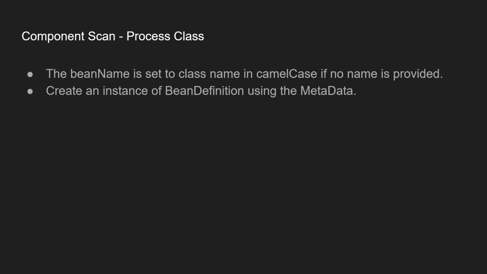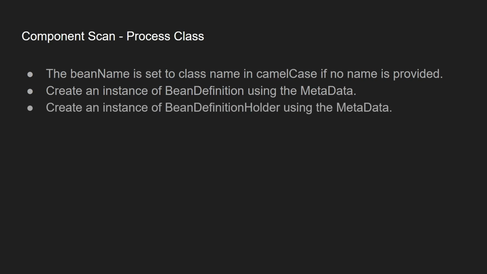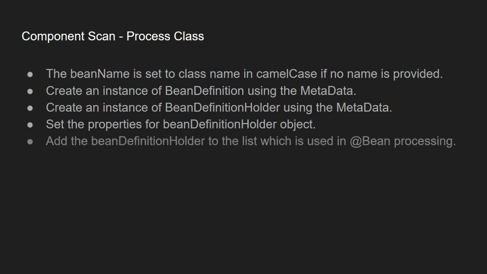Once the bean definition object is created, an instance of bean definition holder is also created using the metadata information itself, and the properties for this bean definition holder object are set like the bean name, aliases, and the bean definition. Once the bean definition holder object is created, it is added to a list of bean definition holders, and this list is used in the next step where we are processing the classes to find if there is any definition for the @Bean.